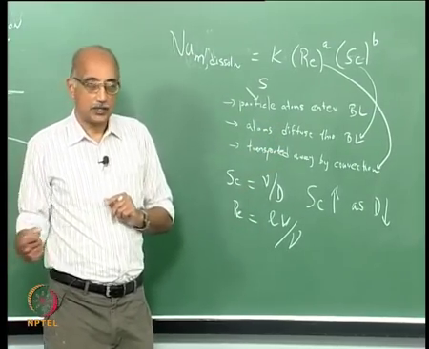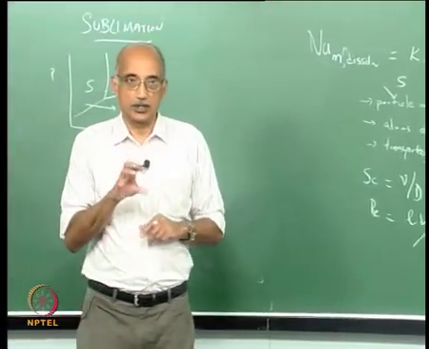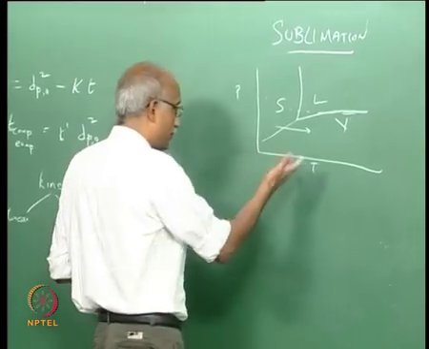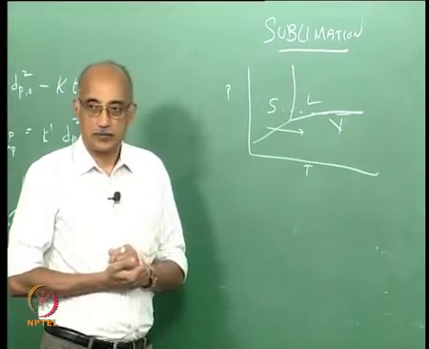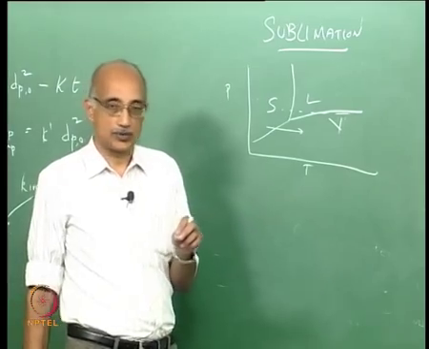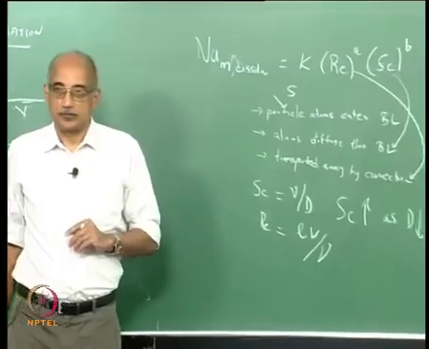Sublimation is different in the sense that thermodynamically it requires a very specific set of conditions that need to be achieved in order for sublimation to be initiated. Once it is initiated, the rate at which sublimation proceeds will again be governed by a Nusselt number for mass transfer.